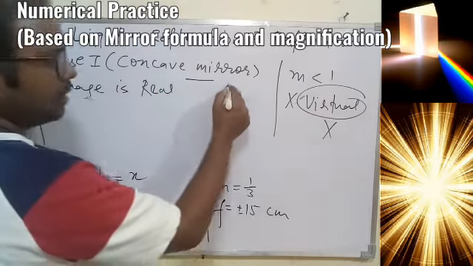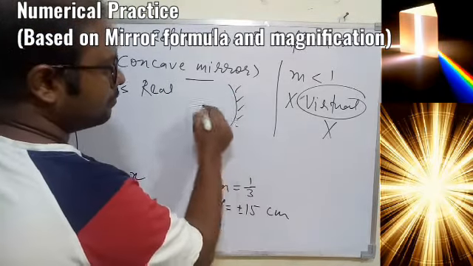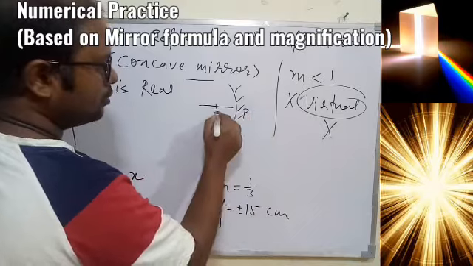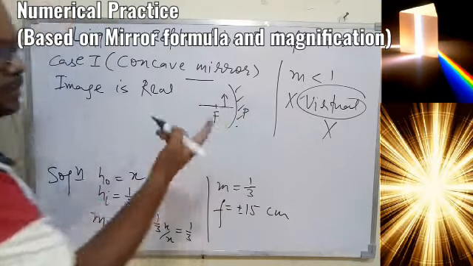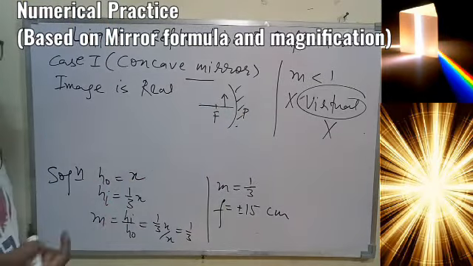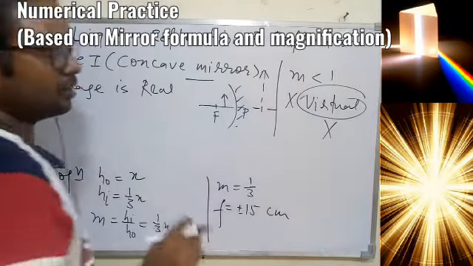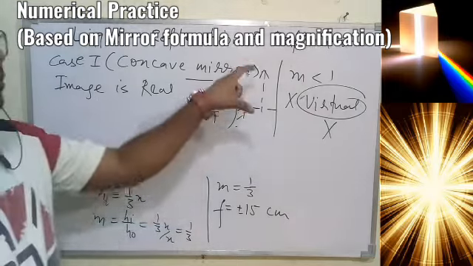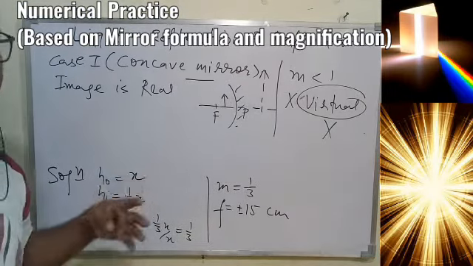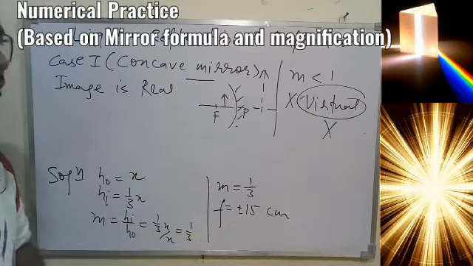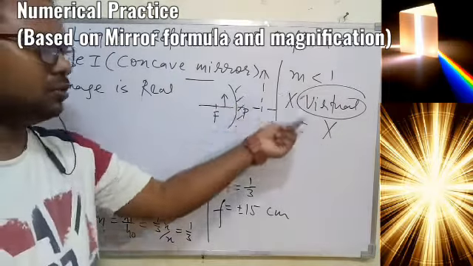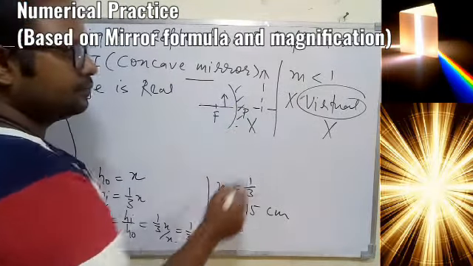I'm repeating again, we have done the ray diagram. If you place the object in between P and F in the case of a concave mirror, then only it will form the virtual image. That is the only case we have, and that image is magnified, that is, magnification will be greater than 1, and here it is given less than 1, so this is not possible.